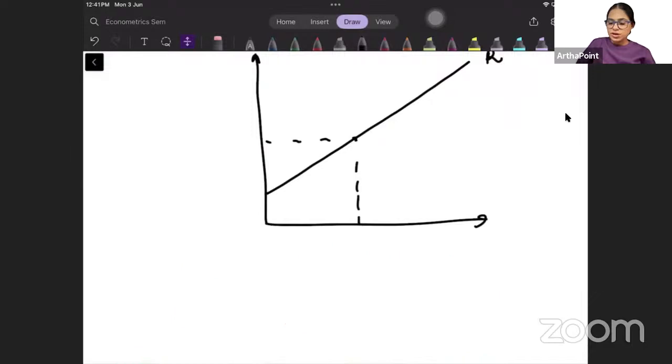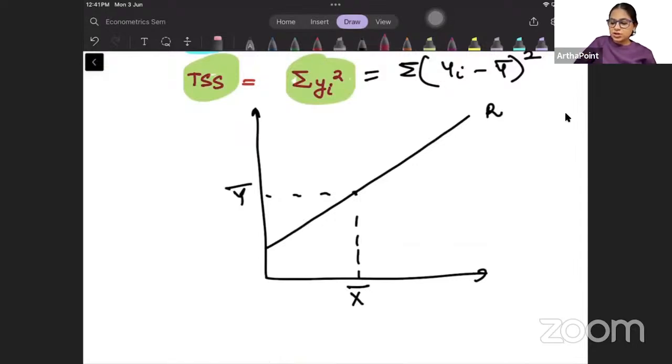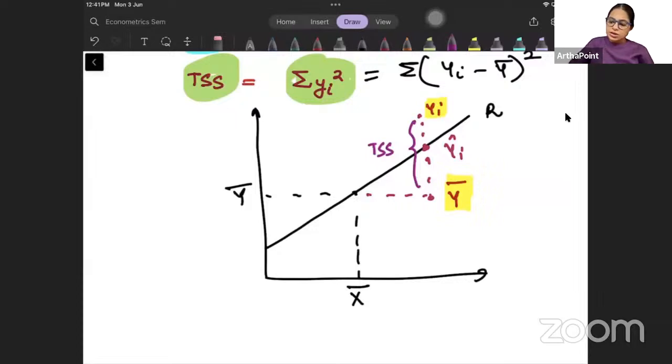So I have marked the mean of X and mean of Y. Now if this is my actual yi value, this will be my yi hat, the predicted yi, and this will be the mean of yi. So the difference between yi and the mean of yi is the total sum of square.